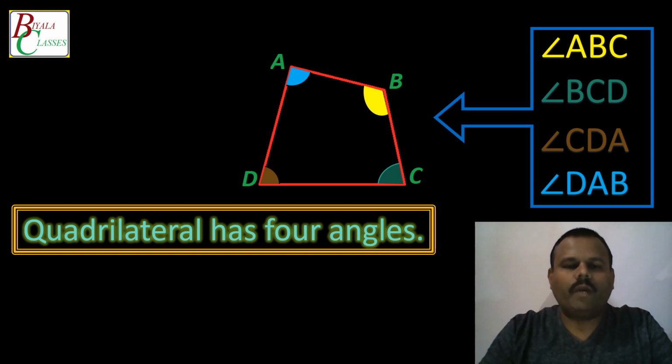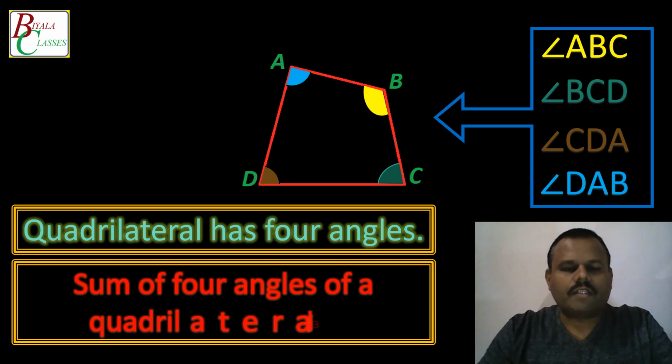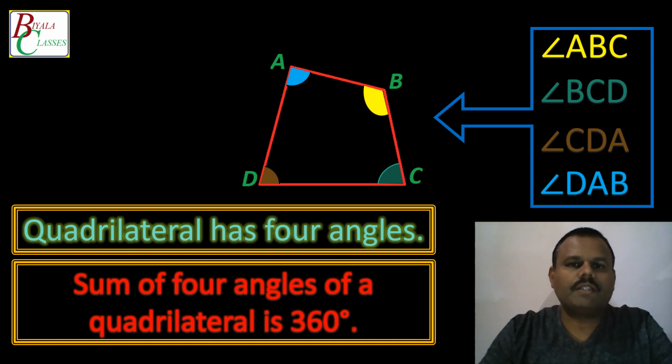So these are the 4 angles of this quadrilateral, and the sum of 4 angles of a quadrilateral is 360 degree. The sum of all the interior angles, there being 4 interior angles, is 360 degree.